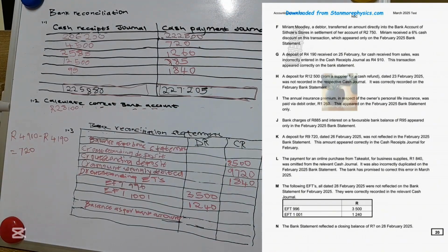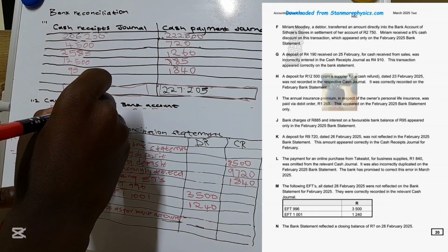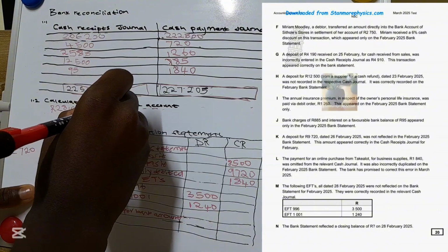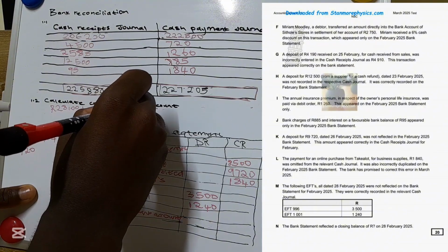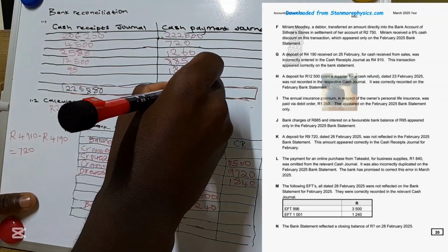So now we are going to take this 225,808, we add here on 1.2, 225,880. Then we minus this one from the cash payment journal.